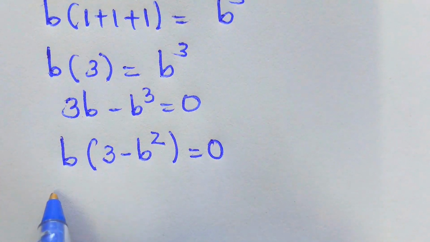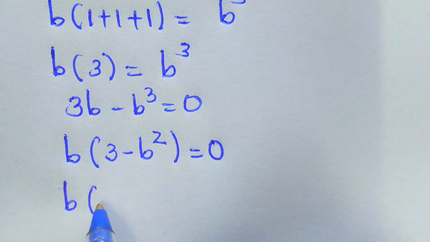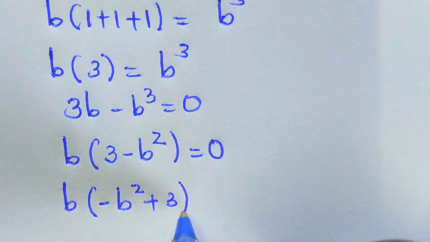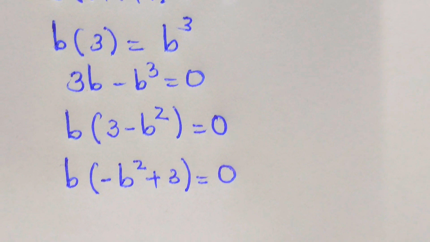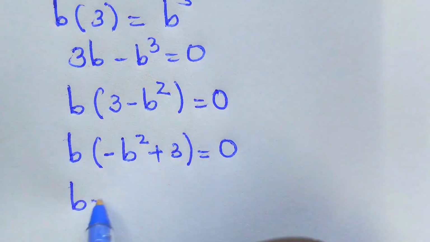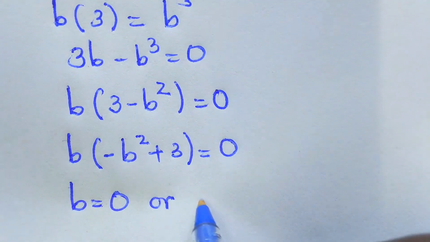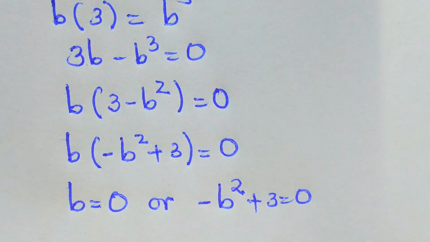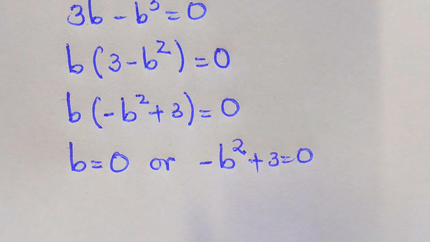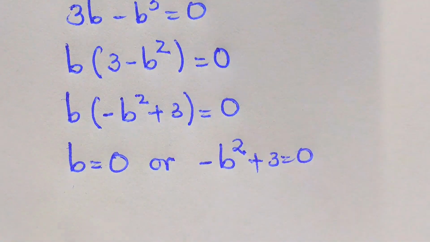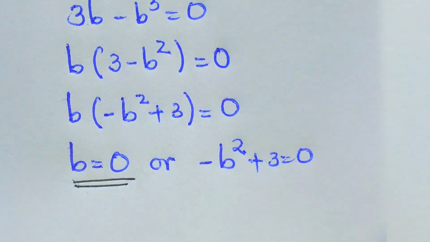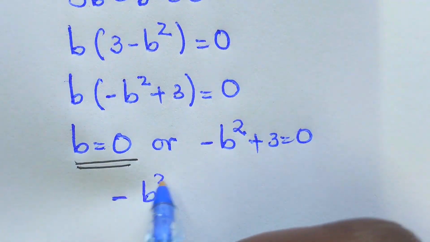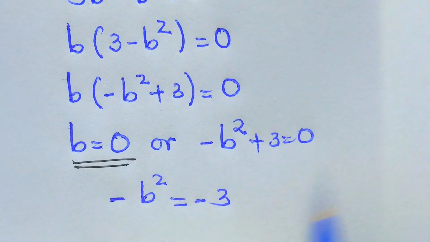In other words, b(negative b squared plus 3) is 0. So b equals 0, or negative b squared plus 3 is 0. Here our solution b1 is equal to 0, and we remain with negative b squared equals negative 3.